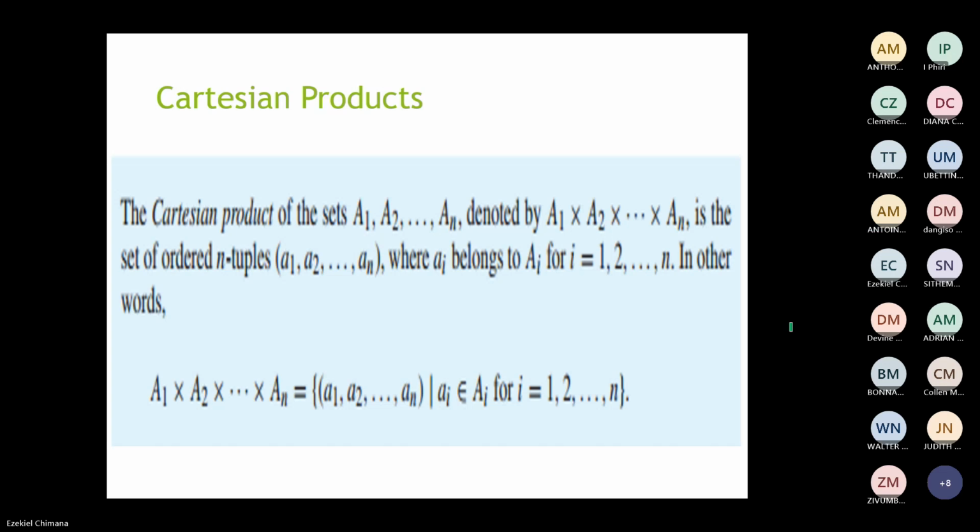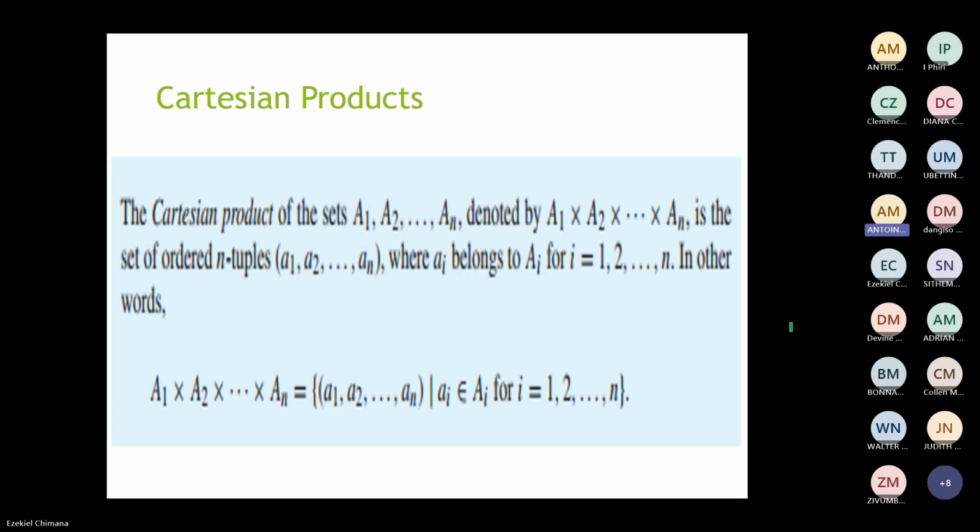Cartesian products. The Cartesian product of the sets A1, A2, and so on to An, denoted by A1 times A2 and so on to An, is the set of ordered n-tuples (a1, a2, to an), where ai belongs to capital A-i for i equals 1, 2, and so on to n.